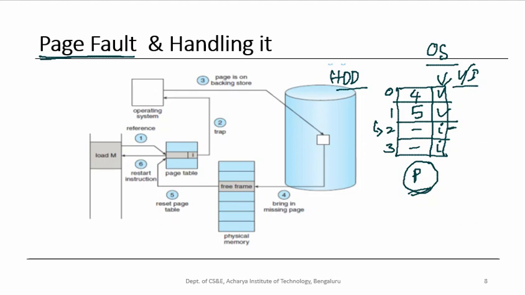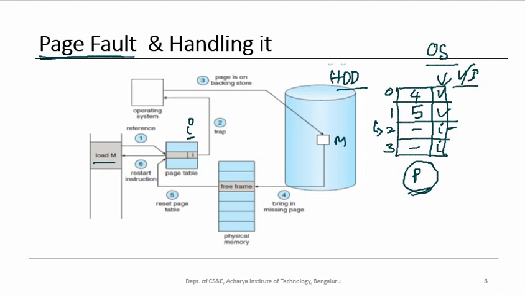Now how this page fault is handled is very, very important, so you will have to understand it carefully. Load M could be an instruction referring to a page, let's say M, present in the hard disk. When the operating system sees that the valid-invalid bit corresponding to this page is invalid, it knows that the page is not present in the main memory.